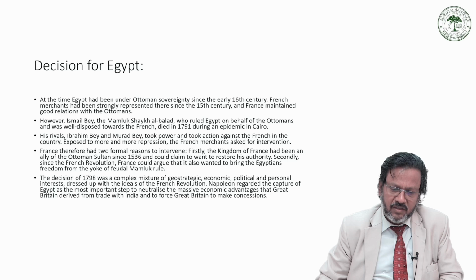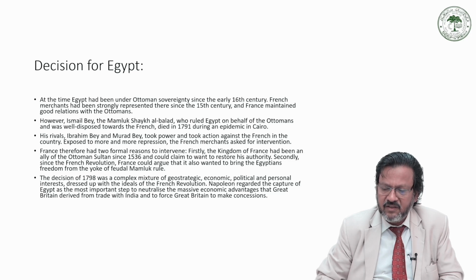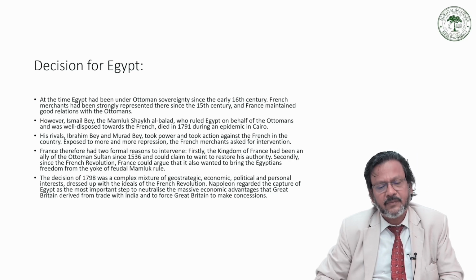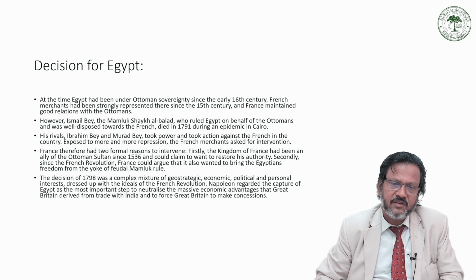At the time, Egypt had been under Ottoman sovereignty, and since the early 16th century, French merchants had been strongly present there, and France maintained good relations with the Ottomans. So primarily, at the first instance, there were good relations of the French with the Ottomans.